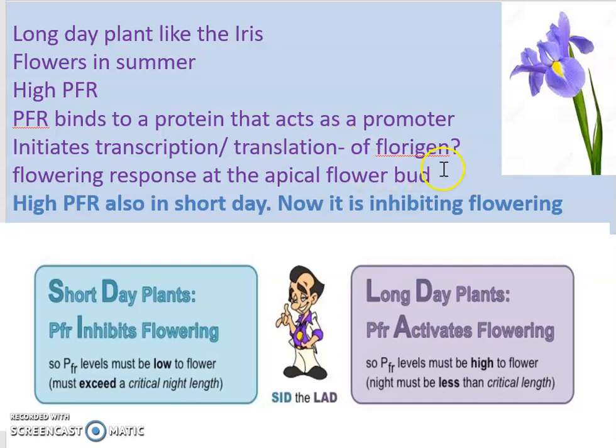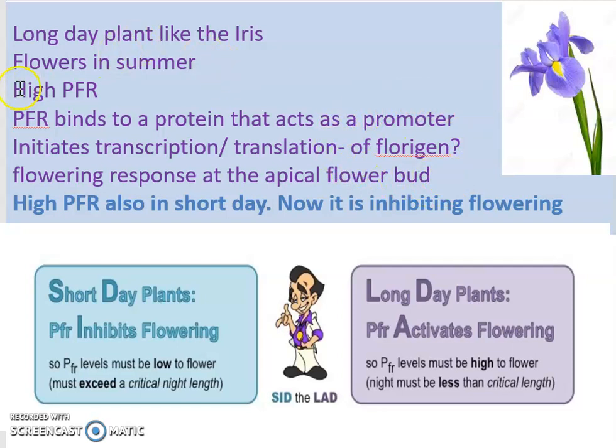Now, I've put a question mark here because there's some suggestion, but very, very little research support for a molecule which can be referred to as florigen. So florigen, take care with using that word. You might come across it in your reading, though, and it is thought to be the plant hormone that initiates flowering.